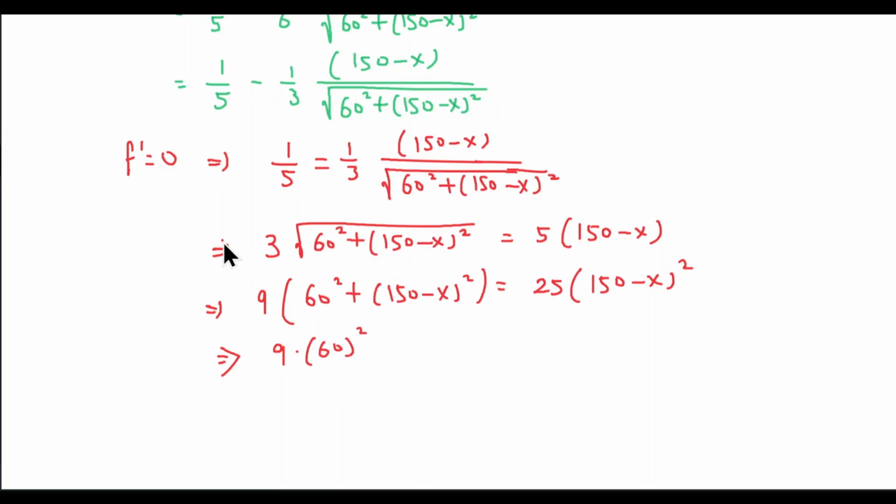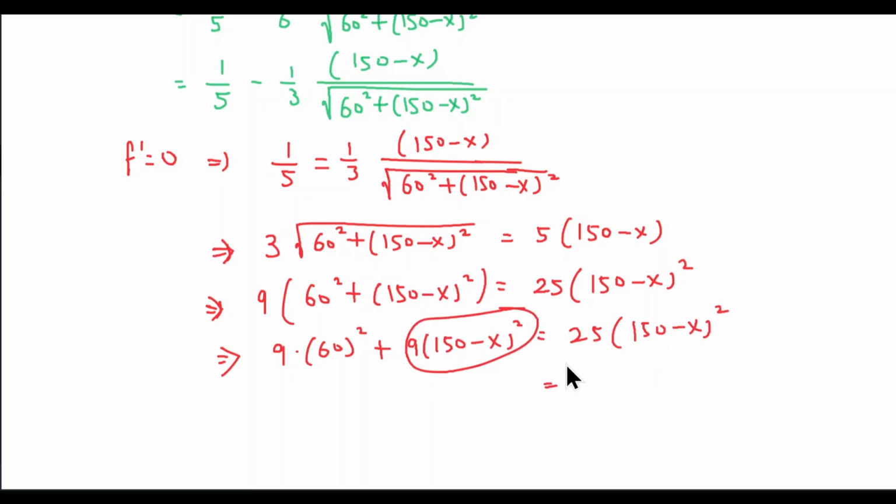These are not smileys, just so you know, these are just implies symbols. Plus 9 times (150 minus x) squared is equal to 25 times (150 minus x) squared. Subtract 9 times (150 minus x) squared from both sides, so this will become 16 times (150 minus x) squared over here, and this is 9 times 60 squared over here.